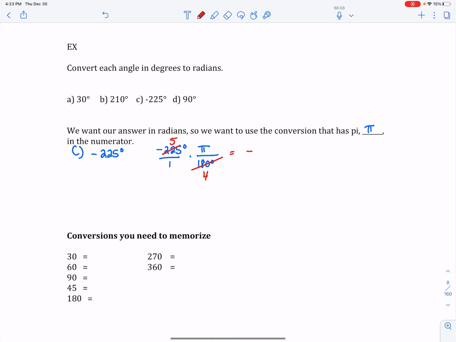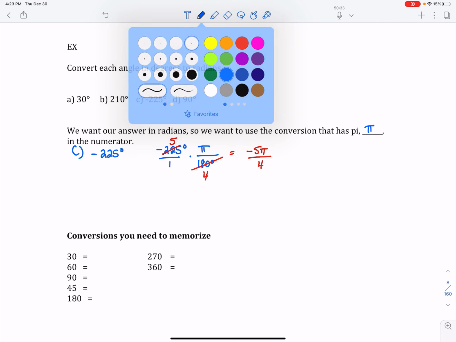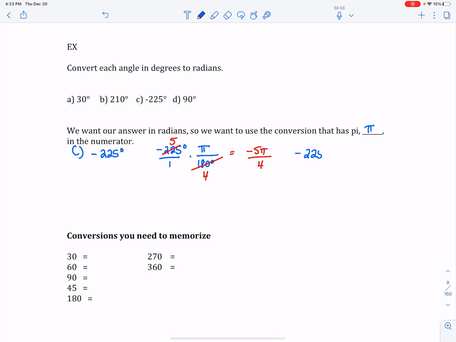So now I have negative 5 times pi over 1 times 4. So we can state that negative 225 degrees is equivalent to negative 5 pi over 4. If you didn't use 45 and you used 5, that's fine. Keep on reducing down. And finally, part D says 90 degrees.